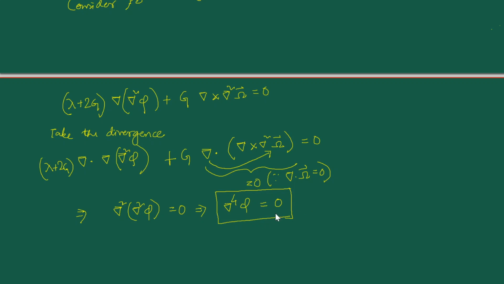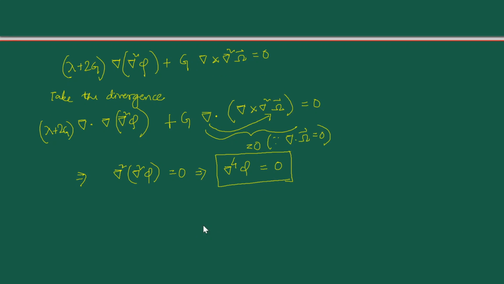But what about the omega? That is still left. We have managed to obtain something for phi, but what about this omega? For that, let us try to take the curl of this thing.